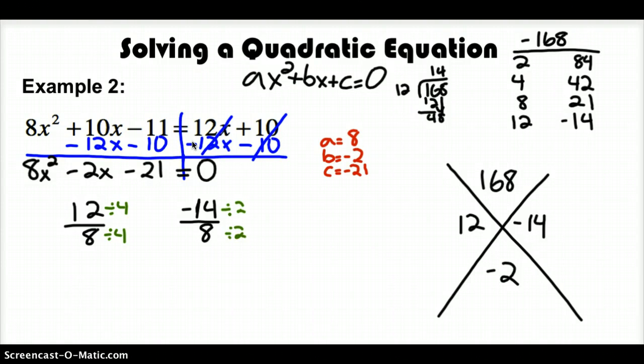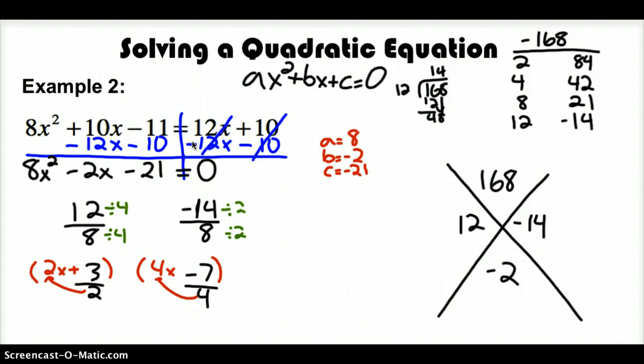When I reduce, I'll get 3 over 2, and here negative 7 over 4. Now I'll do bottoms up. This gives me 2x plus 3, and 4x minus 7.